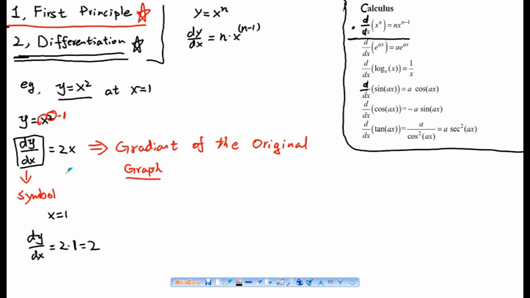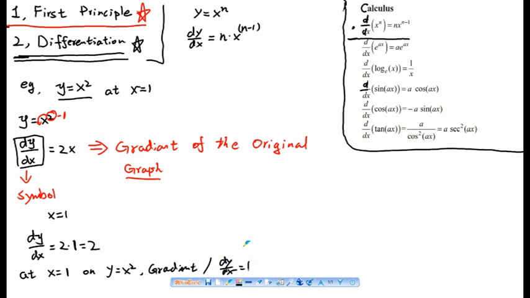So at x equals 1 on the graph y equals x squared, the gradient is 2.